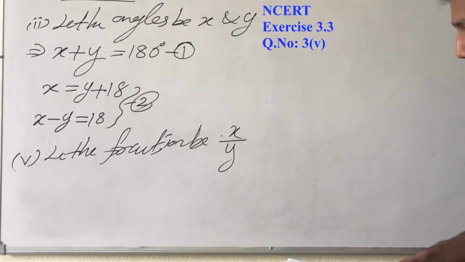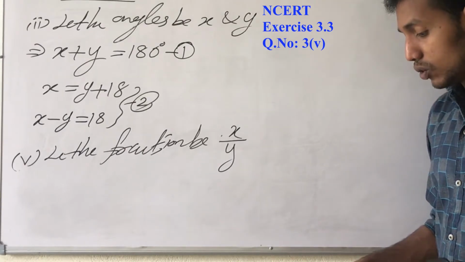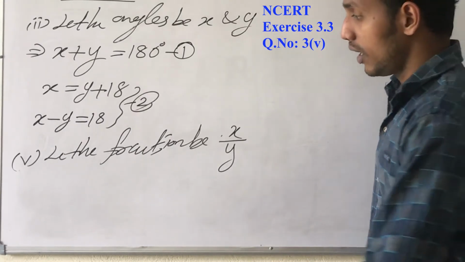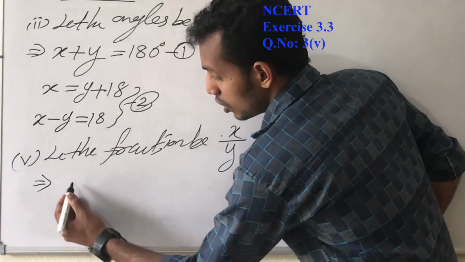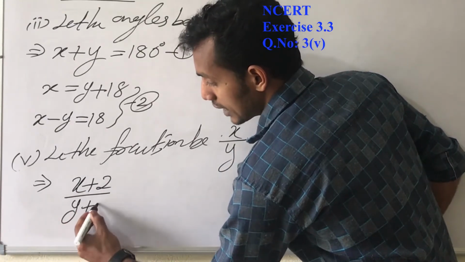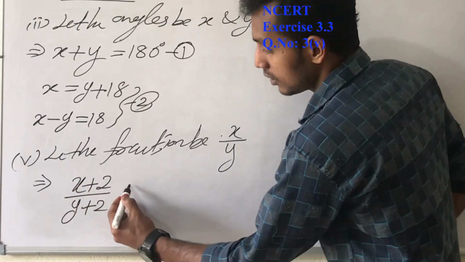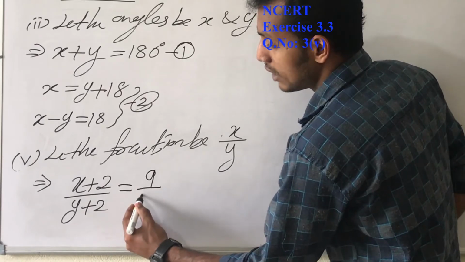A fraction becomes 9 by 11 if 2 is added to both numerator and denominator. According to the first condition, 2 is added to both the numerator and the denominator. The fraction becomes 9 by 11.